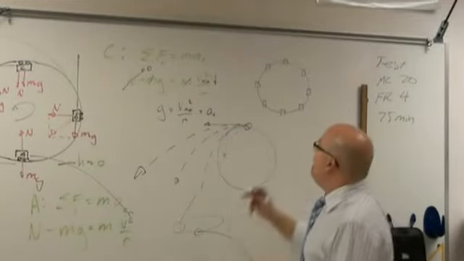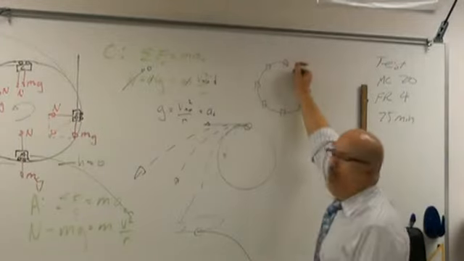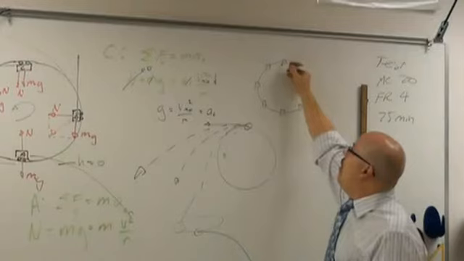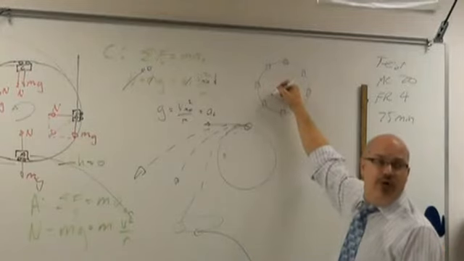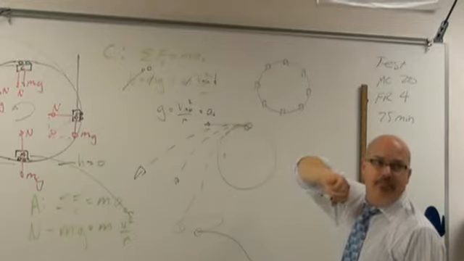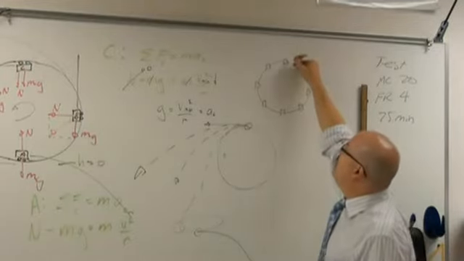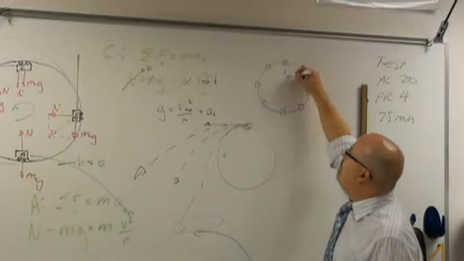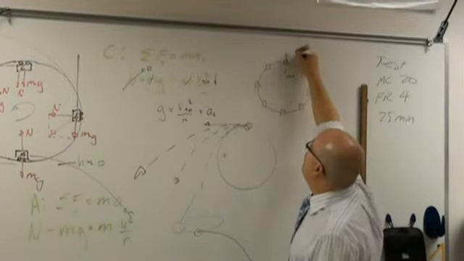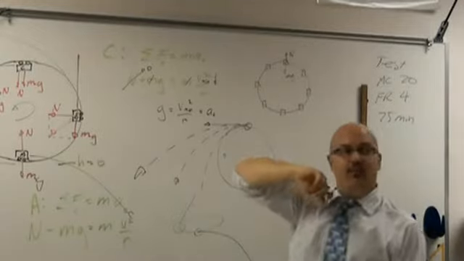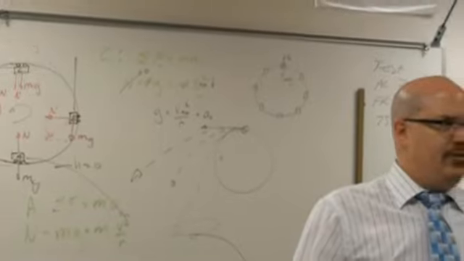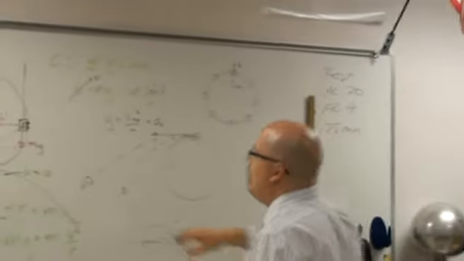In that case, at the top, you are obviously going too slow, so you would fall out of this loop, right? You're going below that minimum speed. So in this case, there's an mg down, but your normal force, or whatever other force, has got to be pushing up to keep you from falling. Okay?